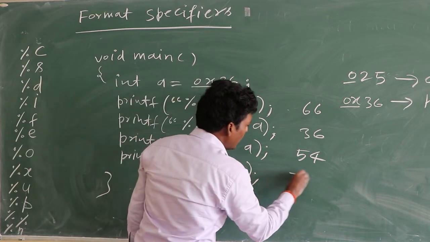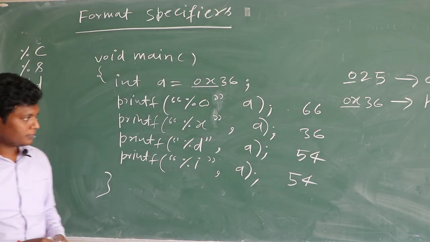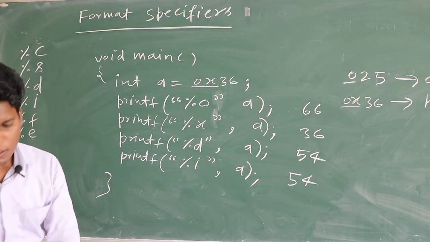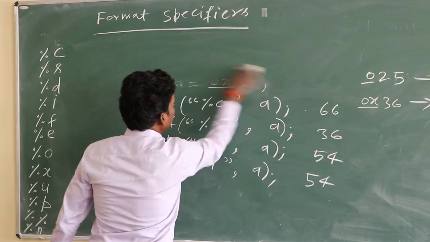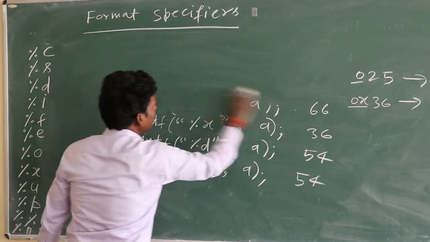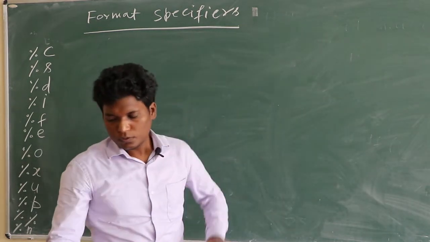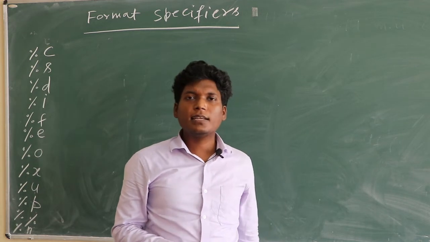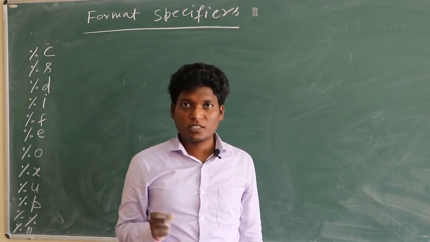So here the output is 54. So this is an example of %i, %o, %x.